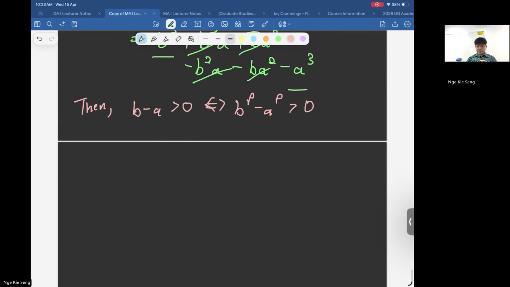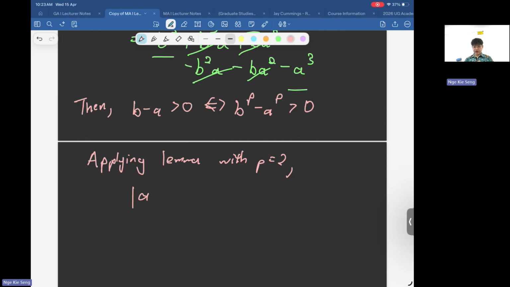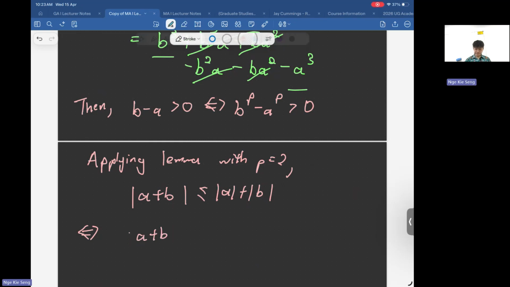Okay, good. So in this case, what we're going to do is apply the lemma with p equals 2. For example, we have two numbers, one greater than or equal to the other. Then we can take the square on both sides.